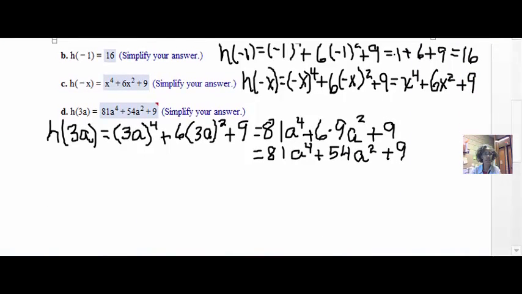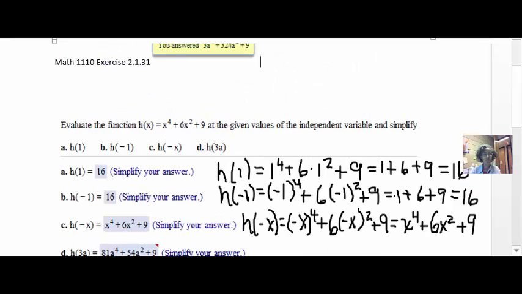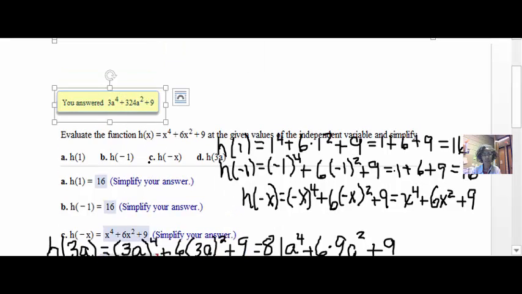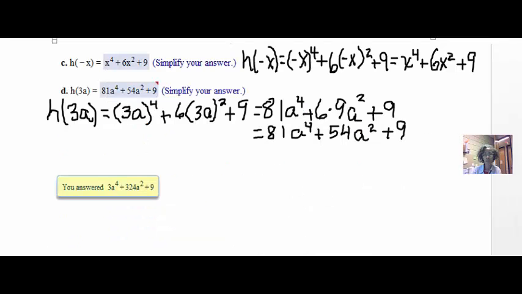All right, let's see if we can figure out what the thinking process was here. It looks like for sure the 3 wasn't raised to the 4th power.